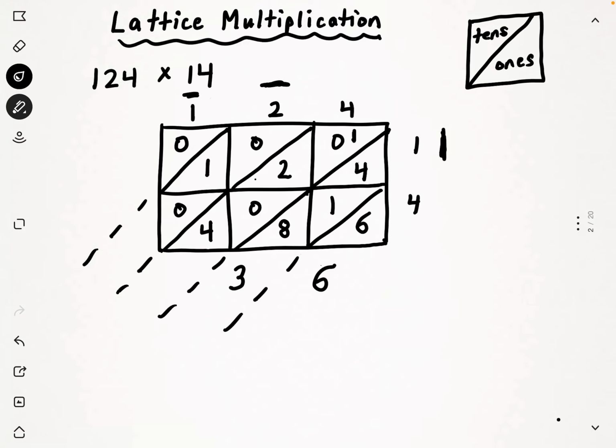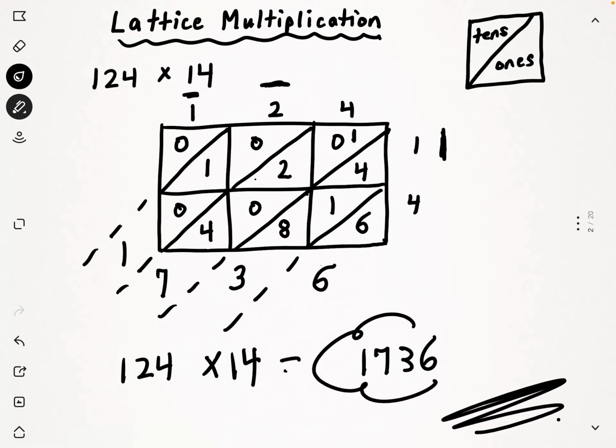And now I add the next numbers, and I have 4 plus 2 plus 1, which is 7. And then in the last diagonal column, I have just 1. And that's the answer to the question. We have 124 times 14, and that is equal to 1736.